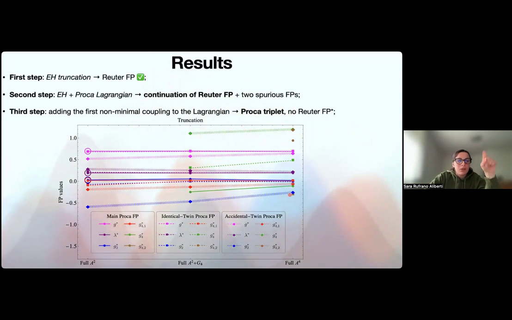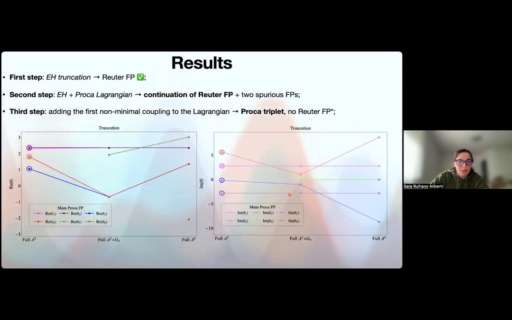And in order to talk about the relevant directions, so looking also at the critical exponents of the main Proca fixed point, here in these plots, I show you the evolution of the real part and imaginary part of the critical exponents of the main Proca fixed point across the truncation, still starting from the step when the main Proca fixed point first appears.